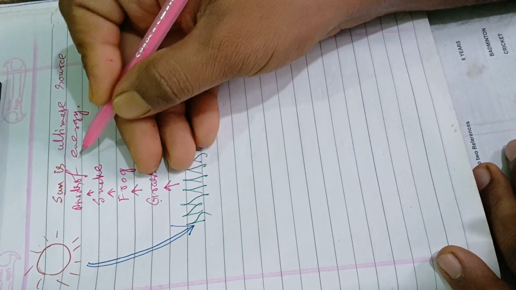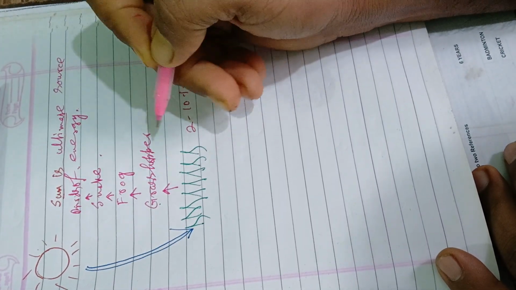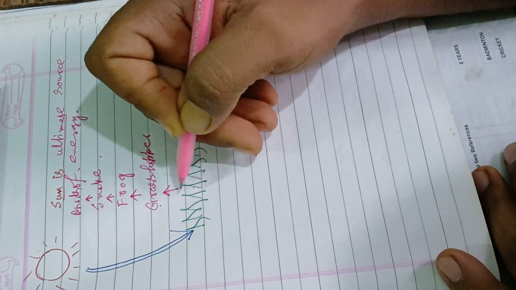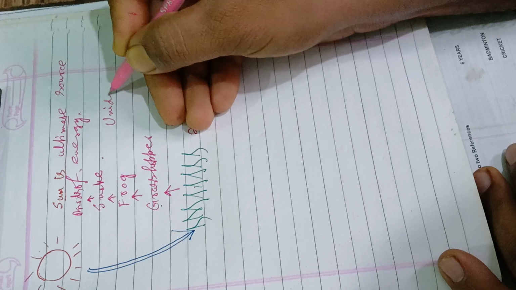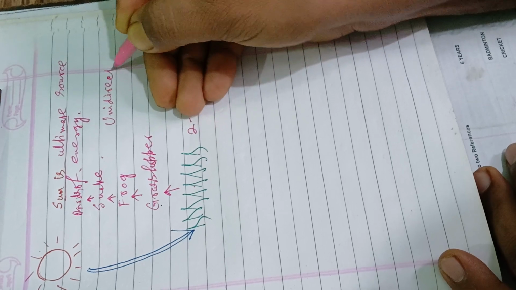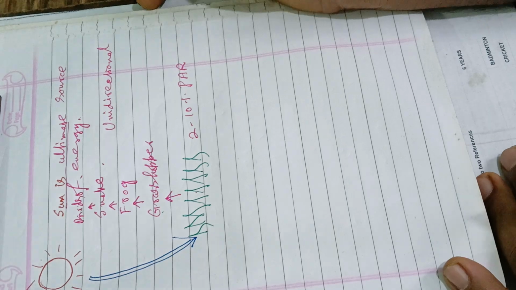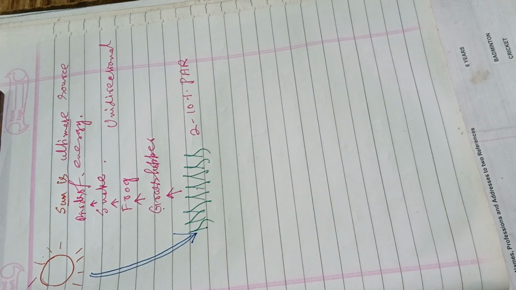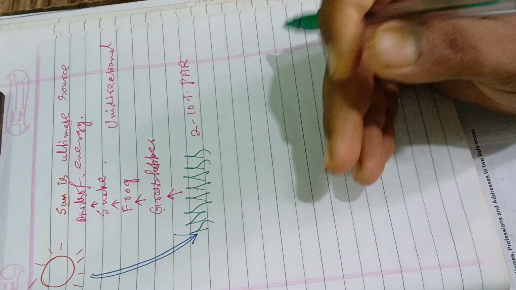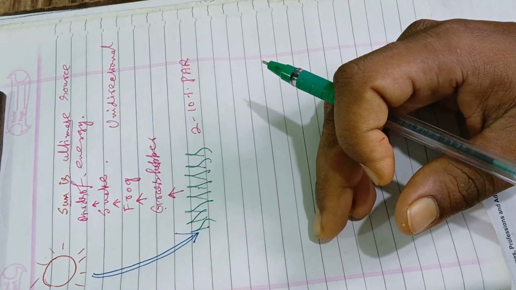Energy never comes back from the top trophic level to the bottom trophic level. Energy always flows from bottom to top. So energy flow is unidirectional. Clear? Energy flow is always unidirectional. So student, you understood, during the flow of energy it follows the first law of thermodynamics.